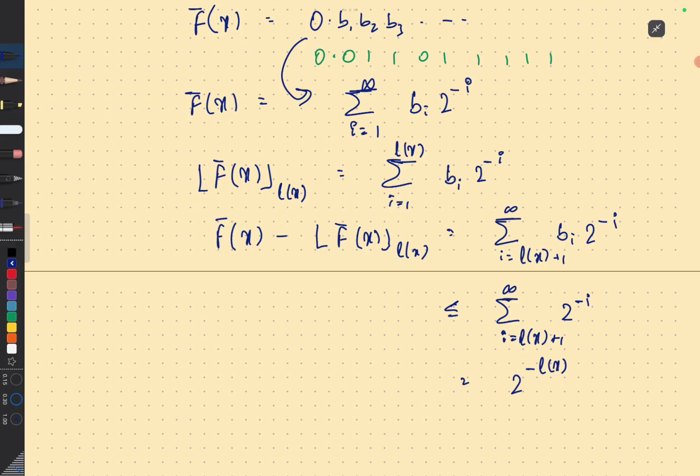These two cancel, so this is p of x by 2 plus p of x prime by 2 minus 1 over 2 to the L of x, which is 1 over 2 to the ceiling of log 1 over p of x plus 1.